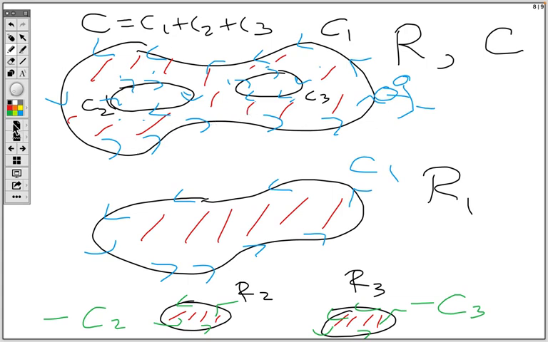So I do work around the big one and then work around each of these two, add those up.